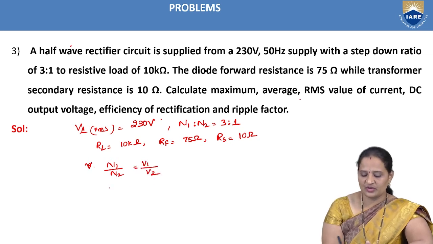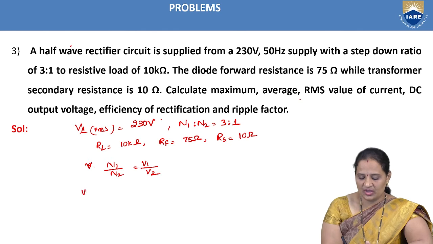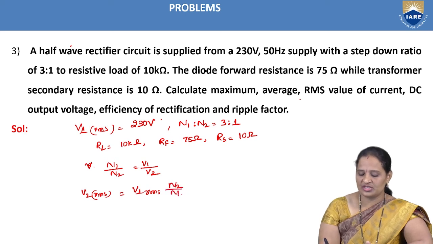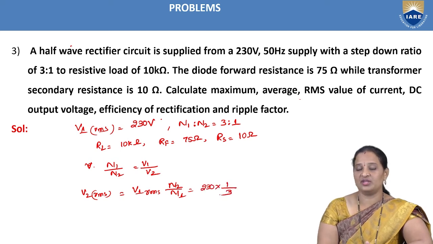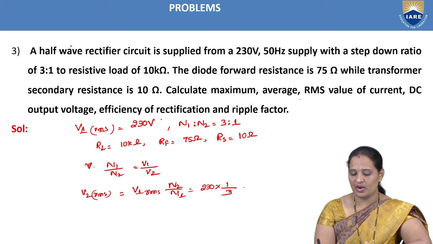So as we know V1 RMS, we can calculate the RMS value of voltage at the secondary winding as V2 RMS is V1 RMS into N2 by N1. So V1 RMS value is 230 into 1 by 3.